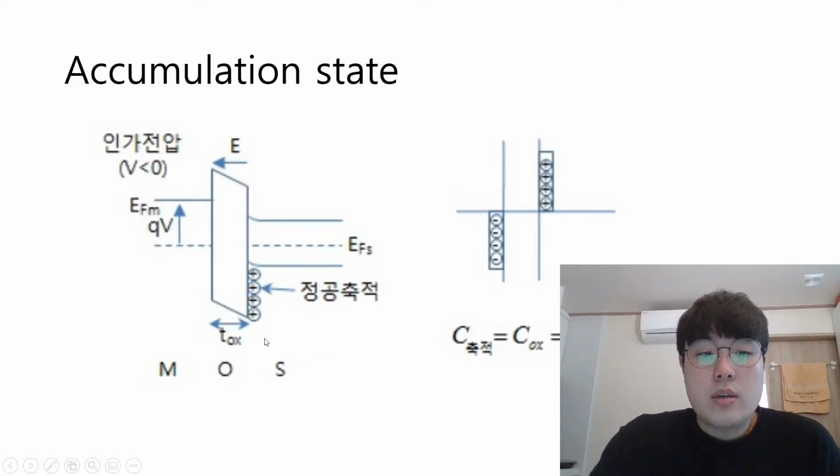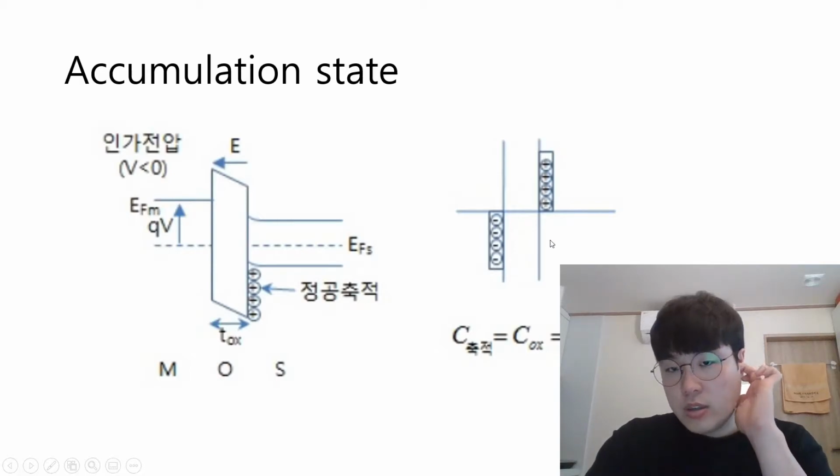When we apply a negative voltage at the gate, the holes accumulate at the oxide interface, and the capacitor value does not change because there is only an insulating layer like the oxide structure. And this graph is the charging graph, and here is the plus charge and minus charge.